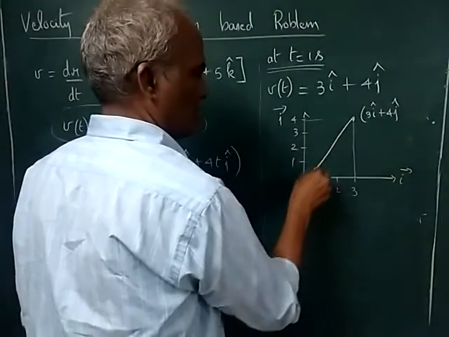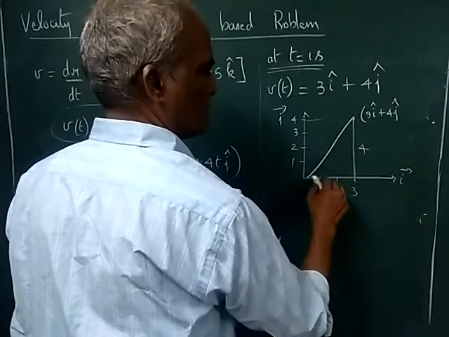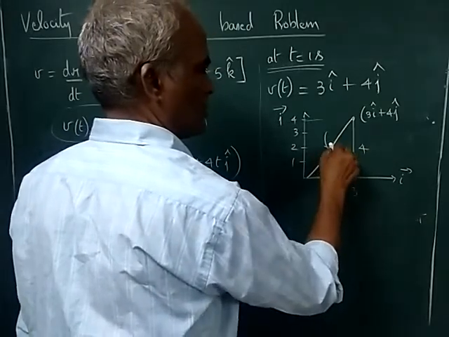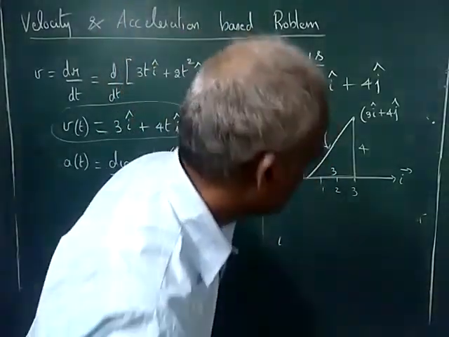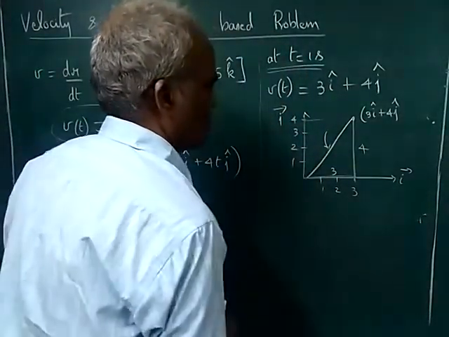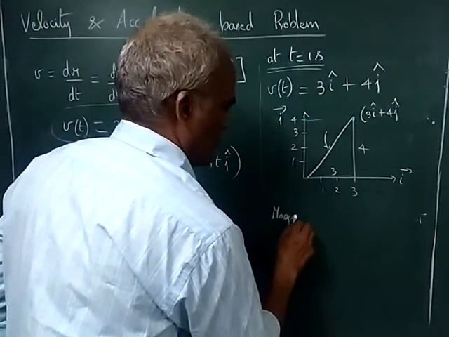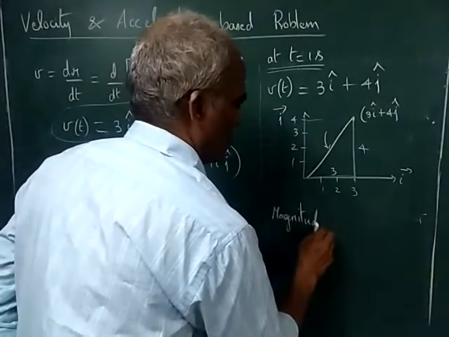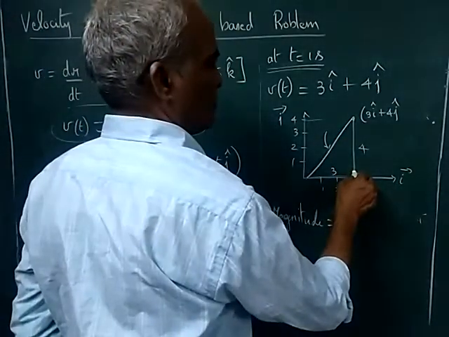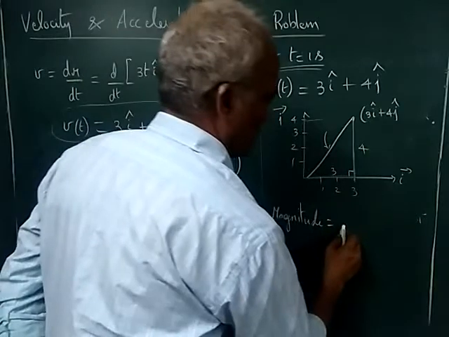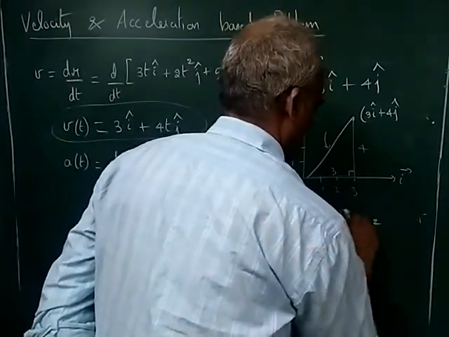Now the magnitude is this one. So we know this distance which is 4 and this distance which is 3. Now we want this hypotenuse. So hypotenuse is the magnitude. You apply Pythagoras theorem for this right angle triangle, which is 3 square plus 4 square under root.